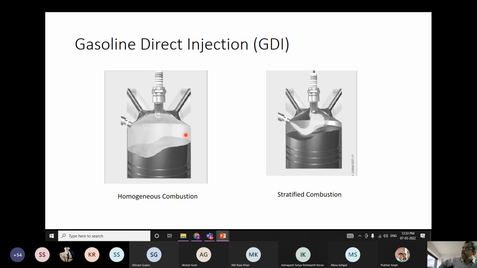Can anyone tell me the name of any bike which has PFI fuel injection technology? Any two-wheeler?